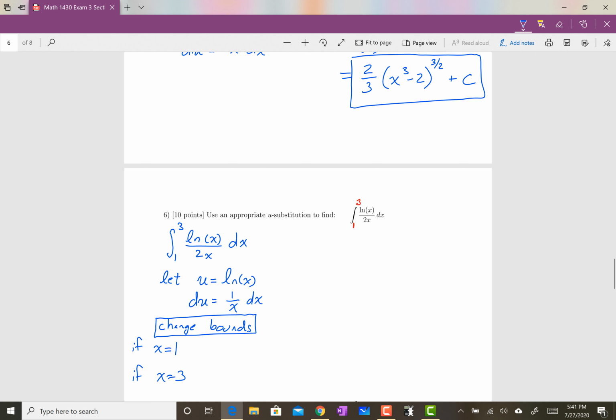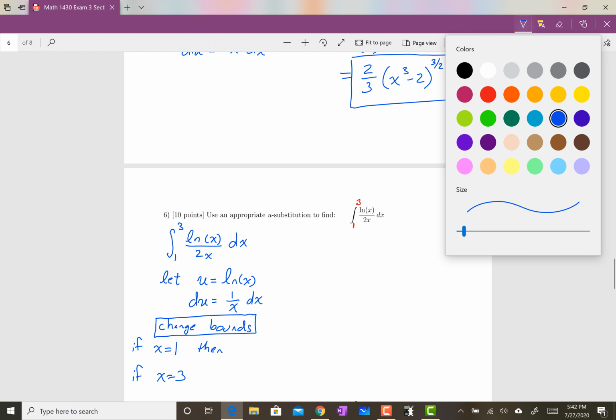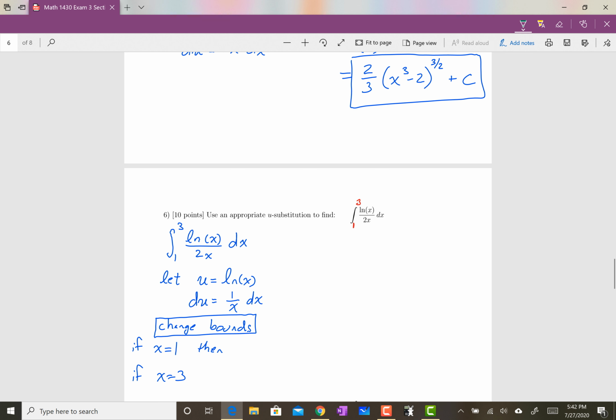Okay, so if x is equal to 1, then, well, we're going to use, let me see if it'll let me highlight. It won't let me highlight it. So I'll just circle it in a fancy color. Ooh, green. Okay, so we're going to find what u is. And we already know that u is the natural log of x.